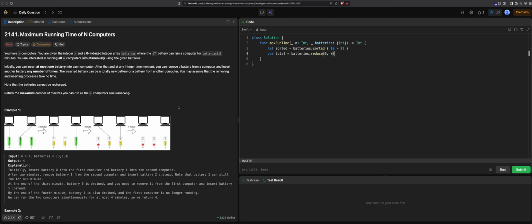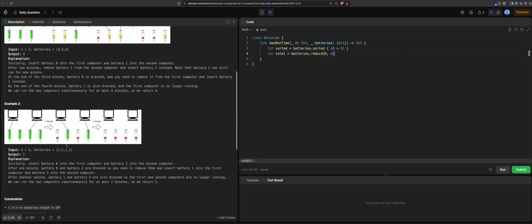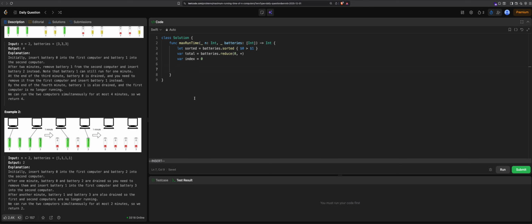In that case, that would be 9, and in the other case, that would be 4. Next we're going to keep track of the index. If everything went well, we can move to our next important step.